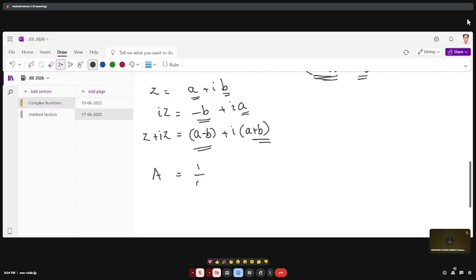Area is half into determinant of 1, 1, 1. Then put all the x coordinates. What are the three x coordinates? a, minus b, a minus b. Okay. And what are the y coordinates? b, a, plus b.